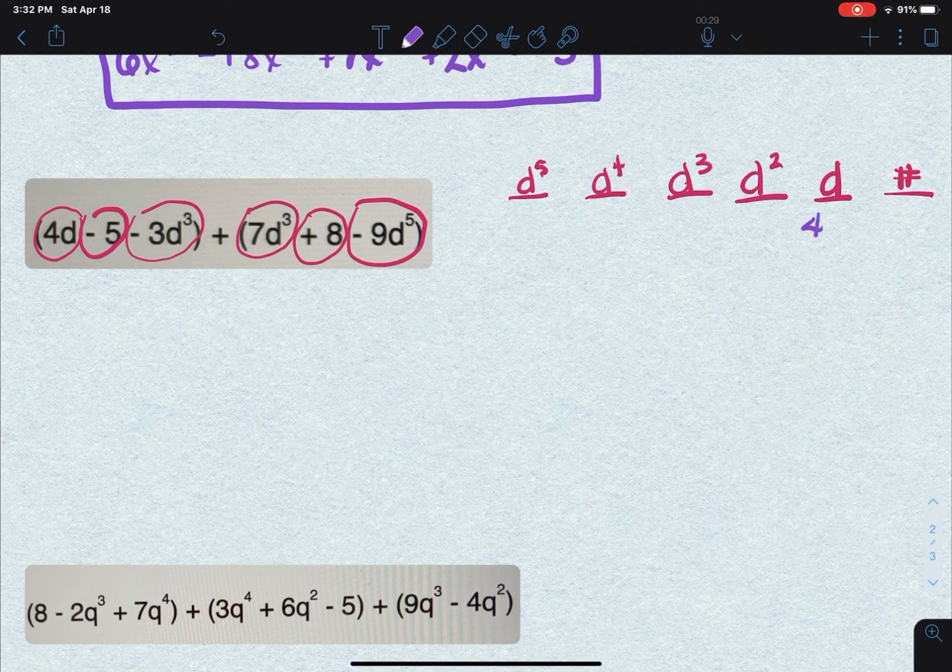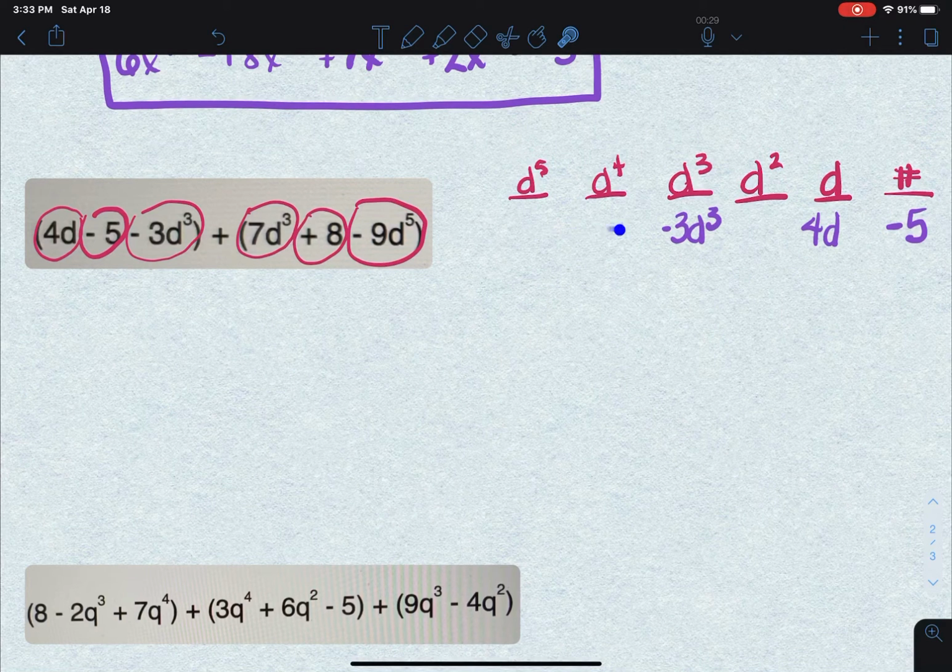So let's see, 4d, minus 5 is going to be negative 5, and negative 3d to the third. So I've taken care of everything in this first one. So now I'm going to go here. Since this is a second parenthesis, I'm actually going to go to the second row here because in my head that makes it easier.